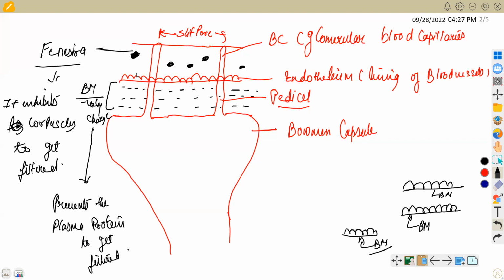So this is how the basement membrane is preventing the plasma protein from getting filtered, and this is how fenestra is preventing the corpuscles from getting filtered.